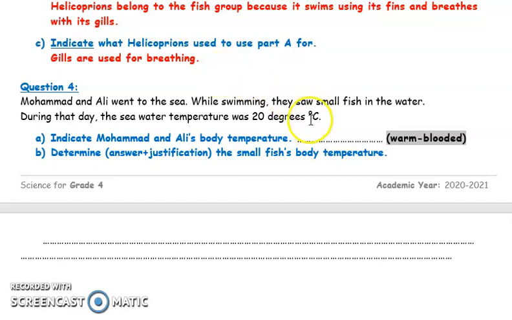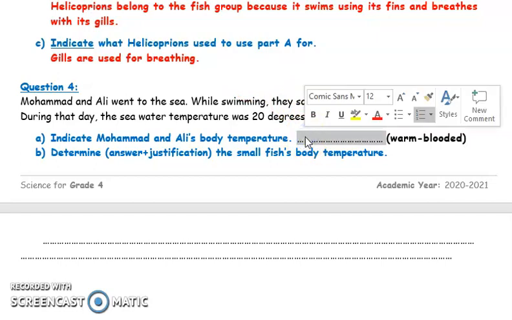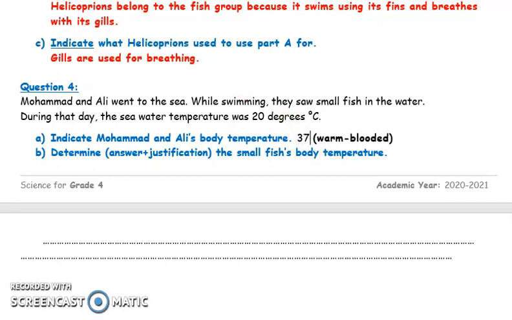We have a fixed body temperature, which is 37 degrees, and this temperature doesn't change.